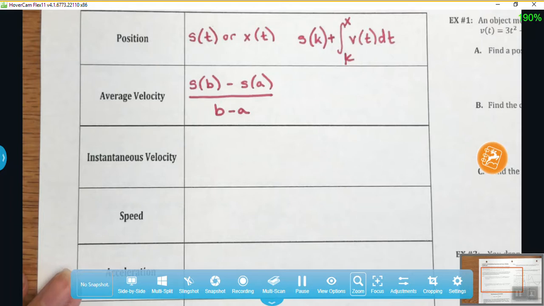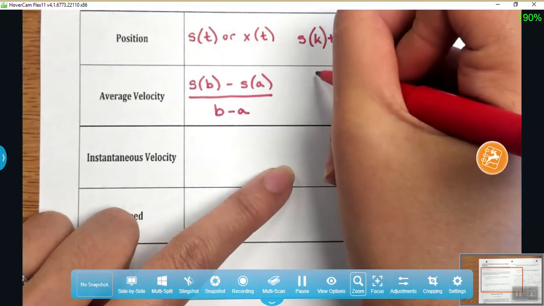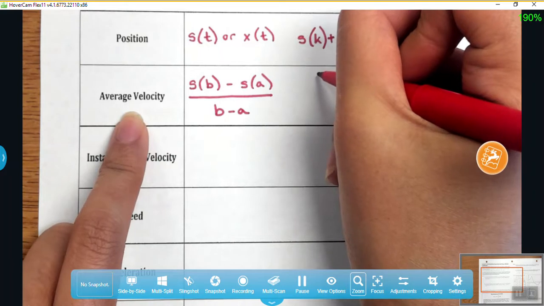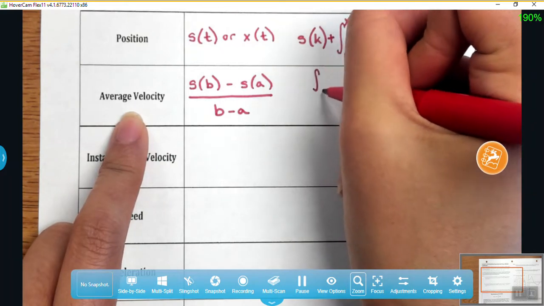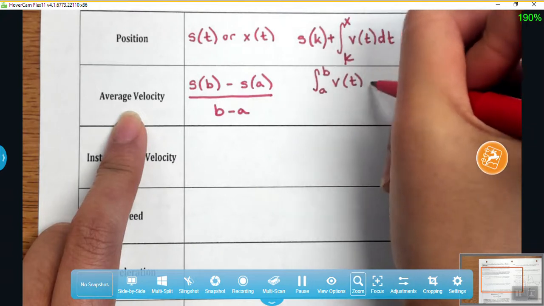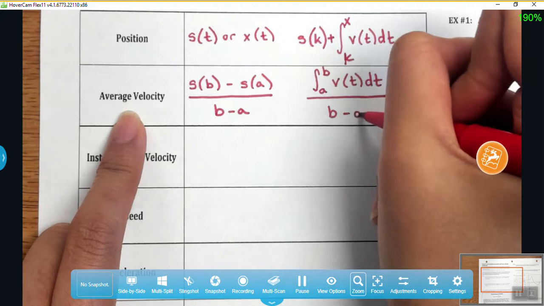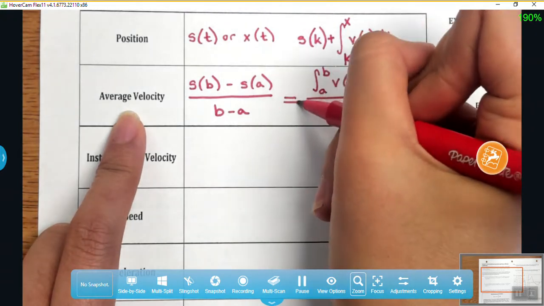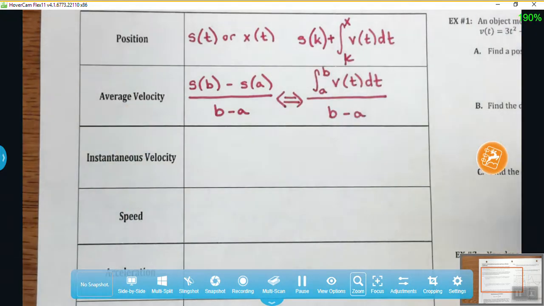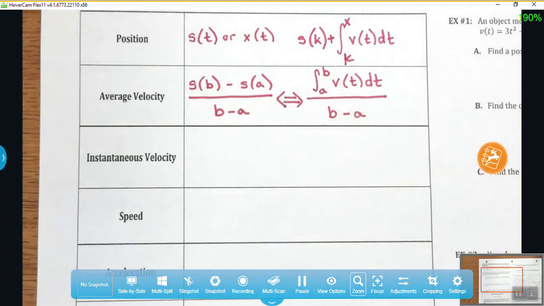Or you can do this. Average velocity, you can find the integral from A to B of velocity over B minus A. This is the same thing. But it depends on whether you're given the velocity equation or not. Does that make sense to you?